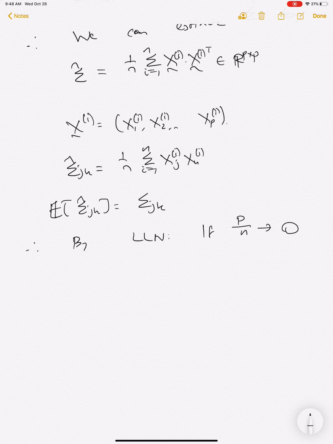If p over n goes to 0, then sigma hat jk converges in probability to sigma jk.